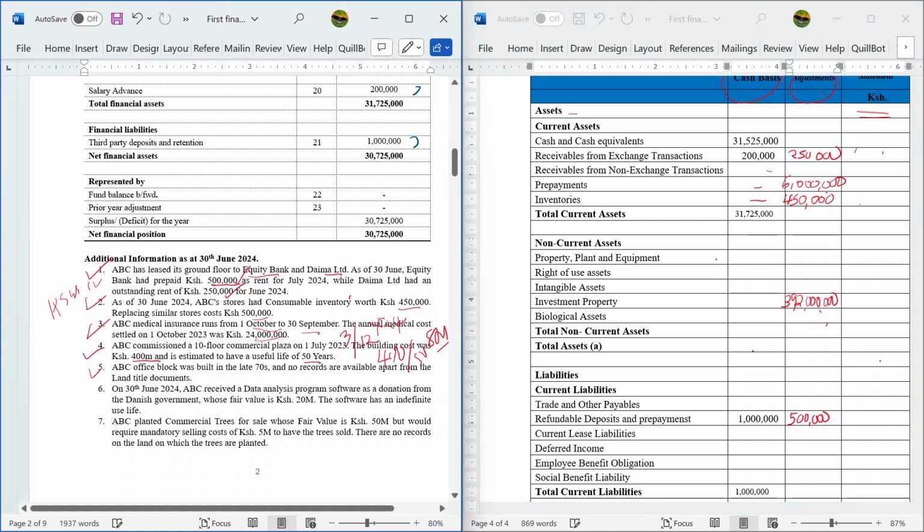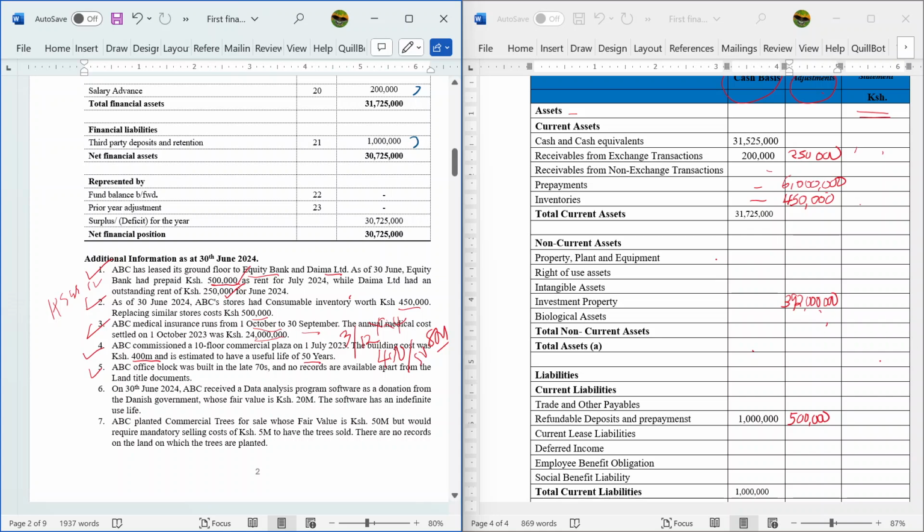Let us go to number 5. ABC block was built in the late 70s and no records are available. For you to recognize an asset, you have to use 3 criteria, all of which must be there.